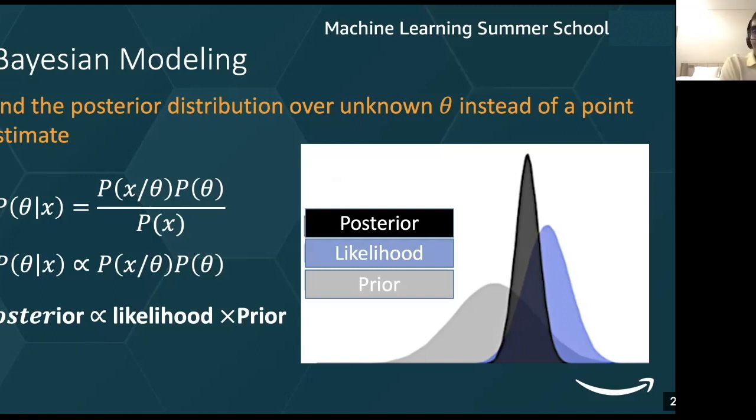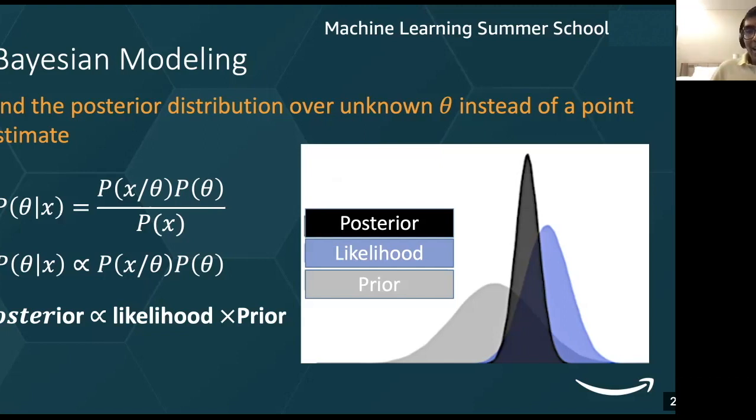But from a Bayesian perspective, why should theta be a point estimate? Theta itself can be a distribution, right? So if you look at the distribution of theta given the data that you have collected, that is P of theta given X, you can split it using Bayes' theorem in this fashion: probability of theta given X is equal to probability of X given theta times P of theta, divided by P of X. Now you can see that based on this expression, P of theta given X is no longer a point estimate, but a distribution, right?